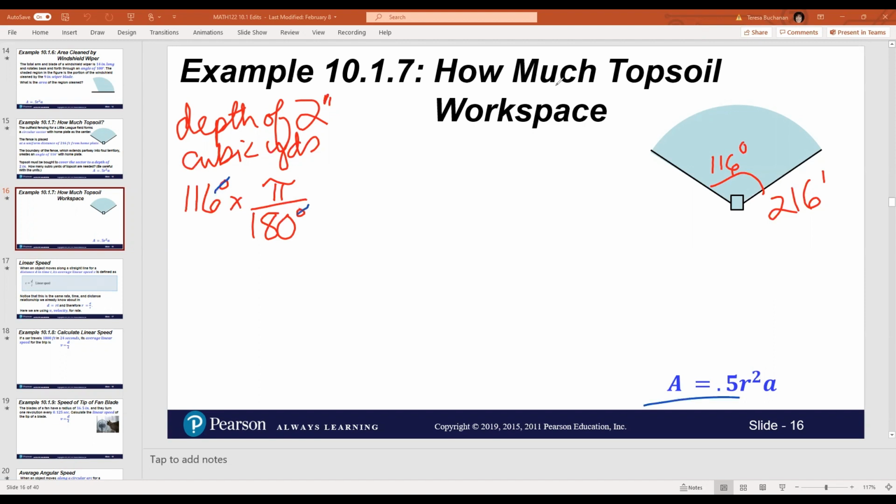Because the only way I can use my area formula is if that A is in radians. So I get 116 pi over 180. I could divide top and bottom by 2 anyway, and still have my precision in place.